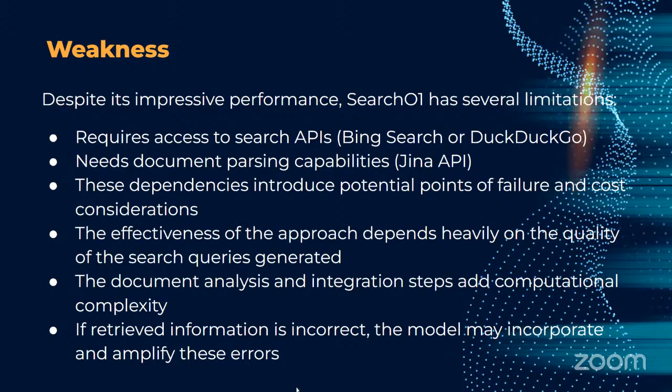Another part is the document analysis by Jina API integration. It adds another computational complexity, which makes the entire application quite resource intensive. And finally, if retrieved information is incorrect, the model may incorporate and amplify these errors. So that was another major weakness, which means that if any search contains false information, it is going to be carried on to our model and might not be detected before the model provides you with the final answer.